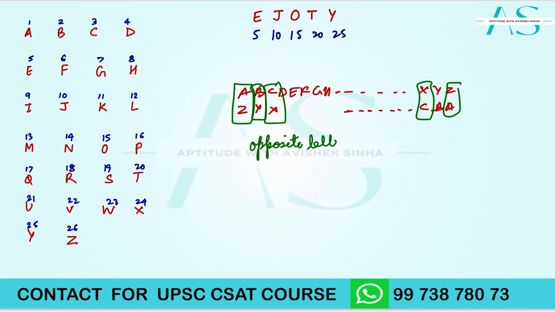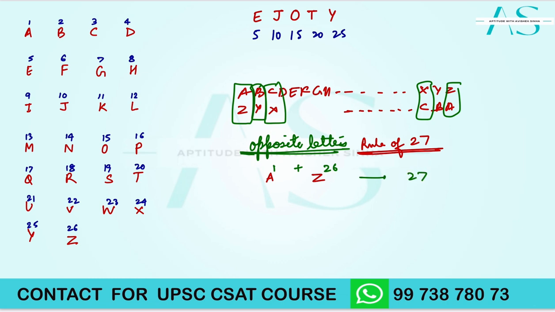Yes, with the help of the rule of 27. The rule of 27 is specifically for opposite letters. I know A and Z are opposites. What are their codes? 1 and 26. 1 plus 26 is 27.